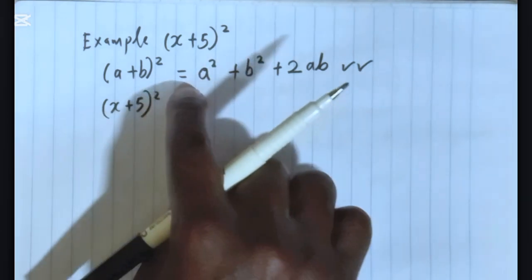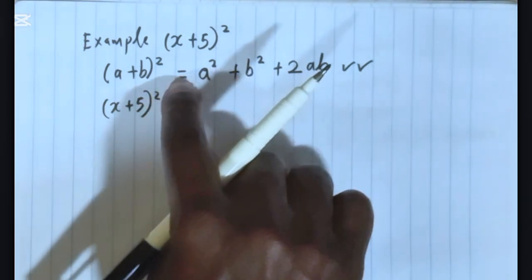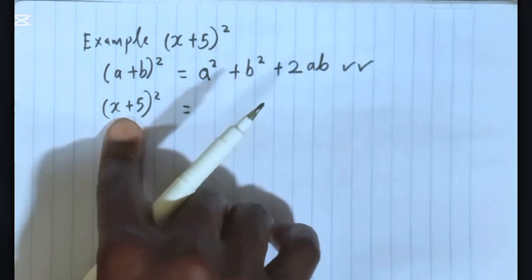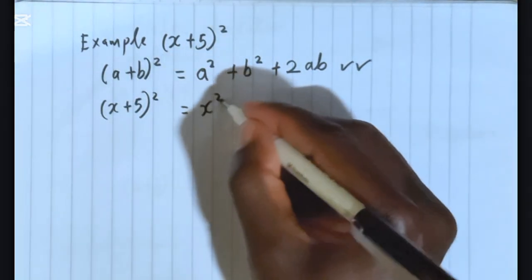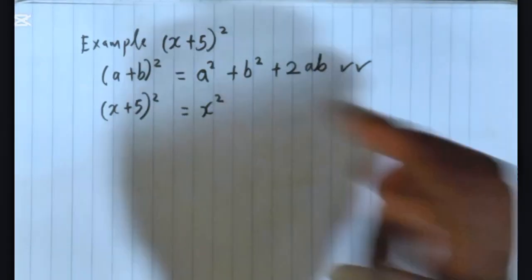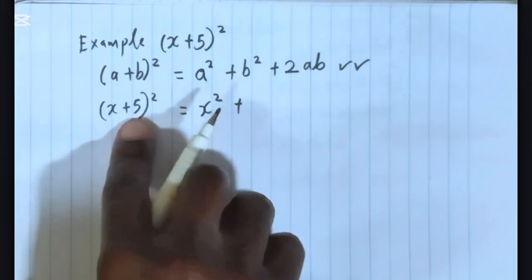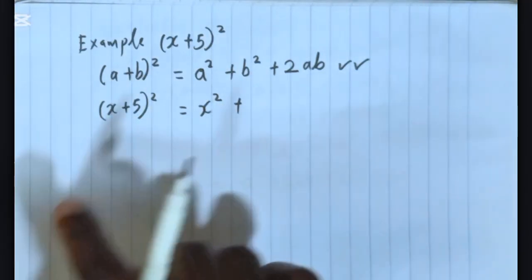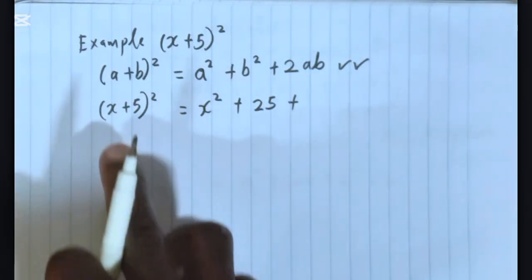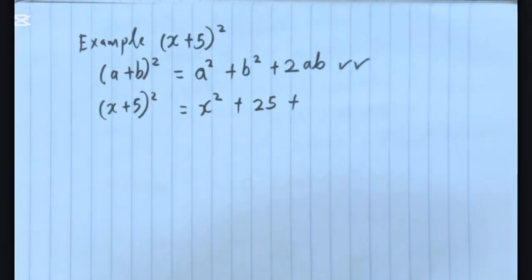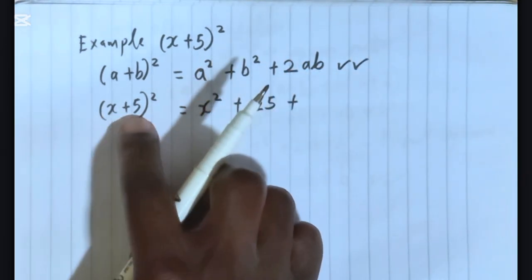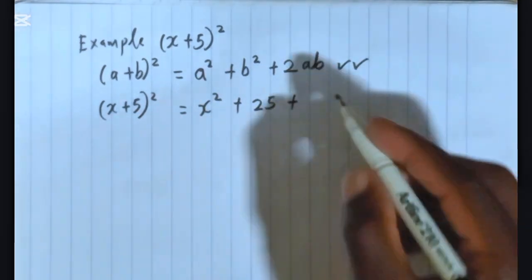We know that the answer is surely going to be x squared, plus 5 times 5, that is 5 squared, 25, plus x times 5 giving us 5x times 2. Remember, it is 2ab, so it's x times 5 times 2 giving us 10x.